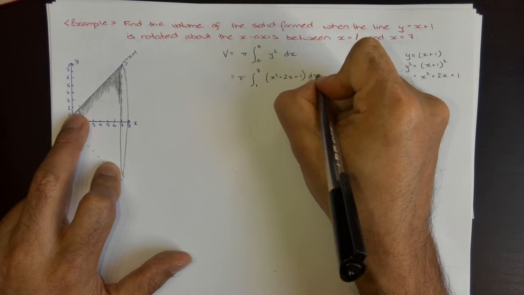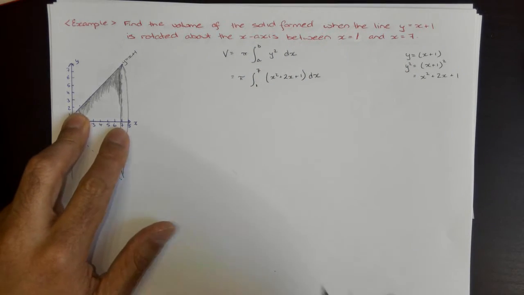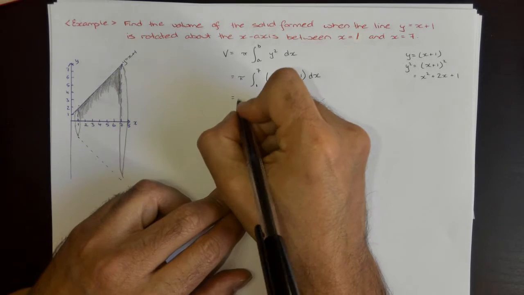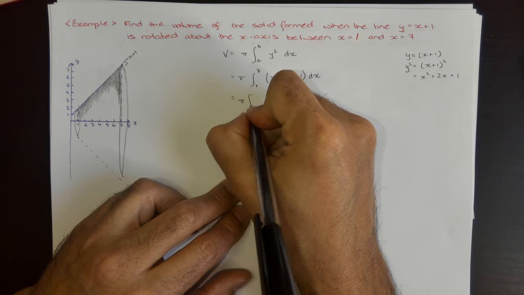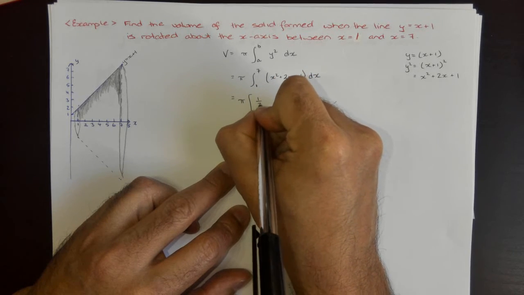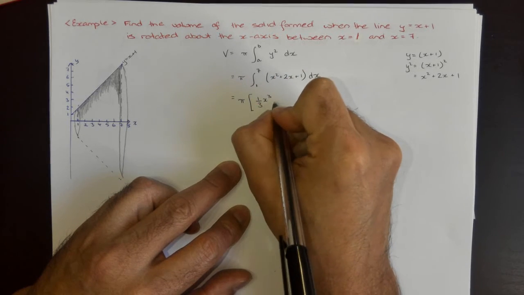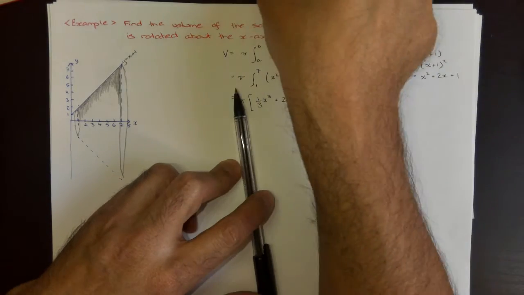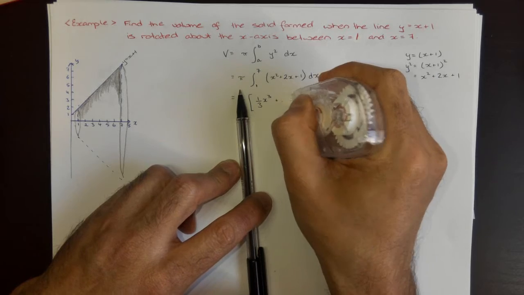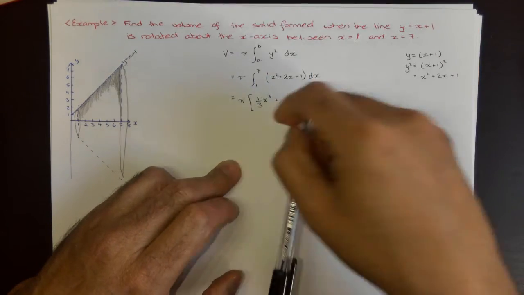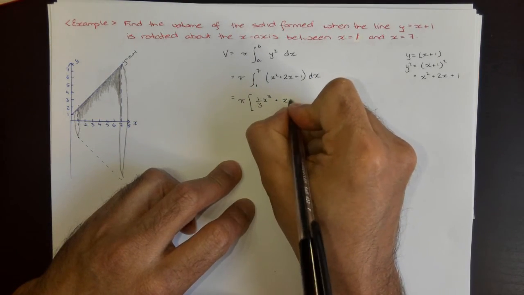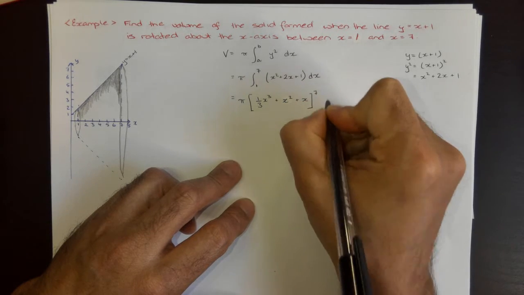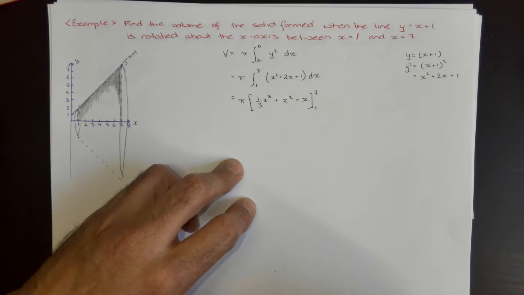dx. Okay, so if I want to integrate that, I would go pi, and we get a third x cubed plus x squared plus x, from 1 to 7.